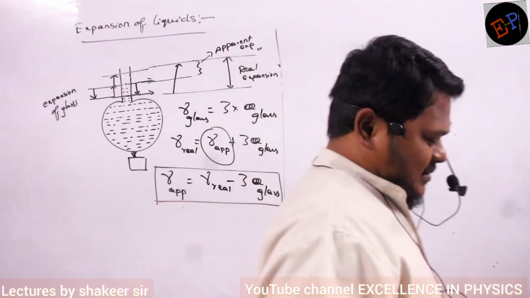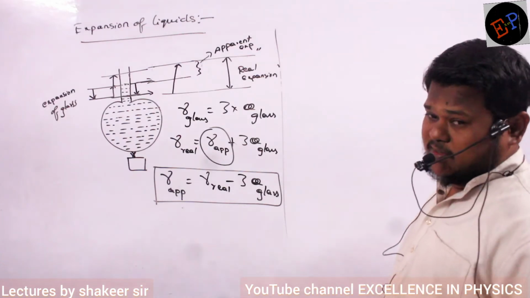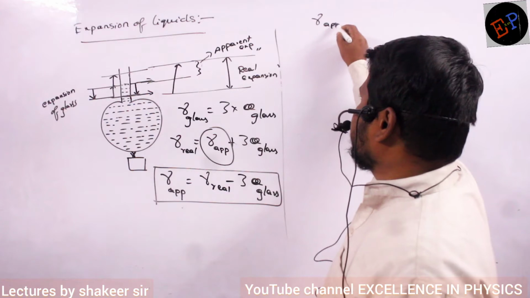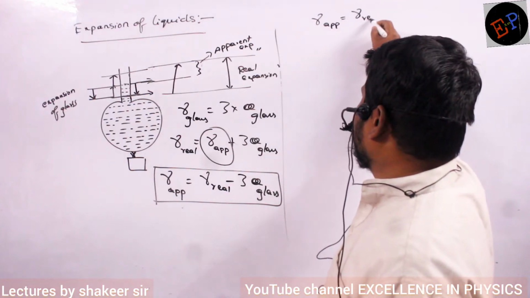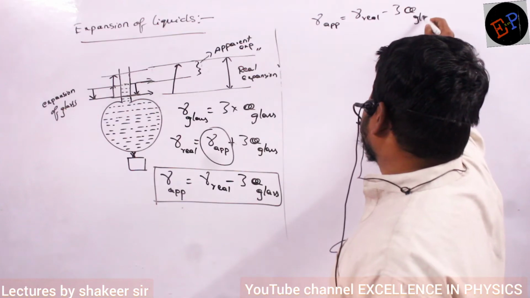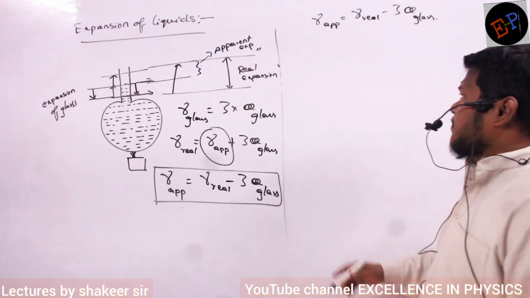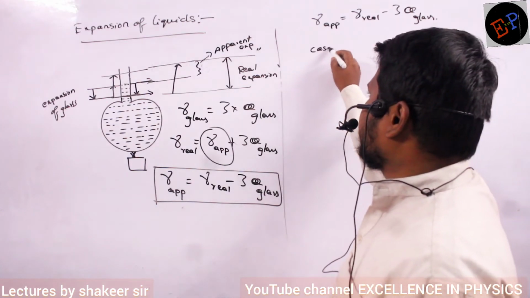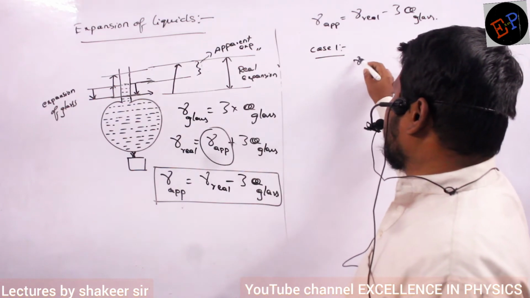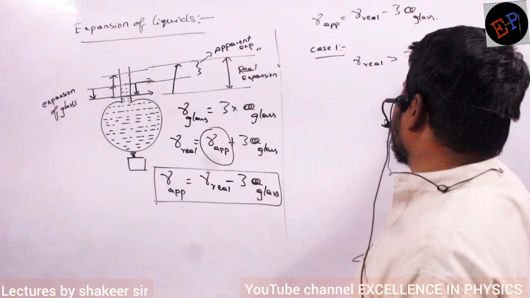So now we will study 3 cases by using this relation. What is the relation we have written? Gamma apparent is equal to gamma real minus 3 times alpha of glass, or you can write gamma of glass also, no problem. Okay, now see. Case number 1 is gamma real is greater than 3 alpha glass. Then can you say what happens?